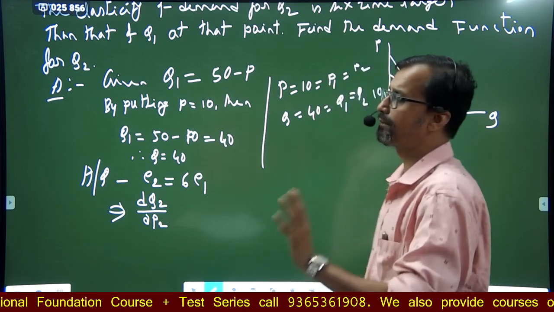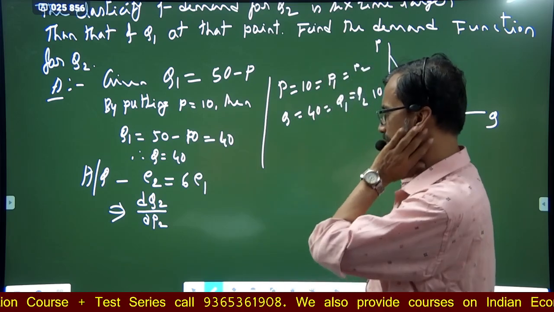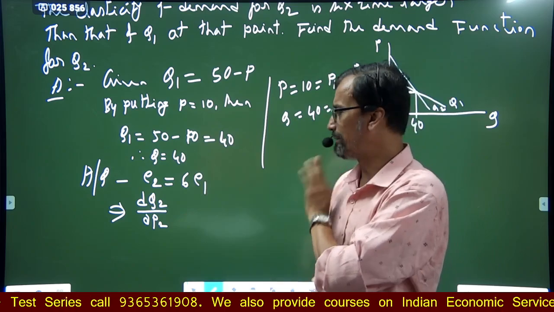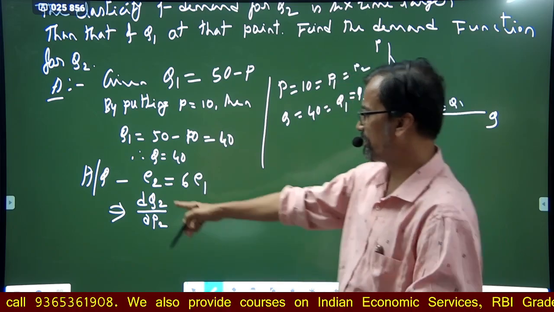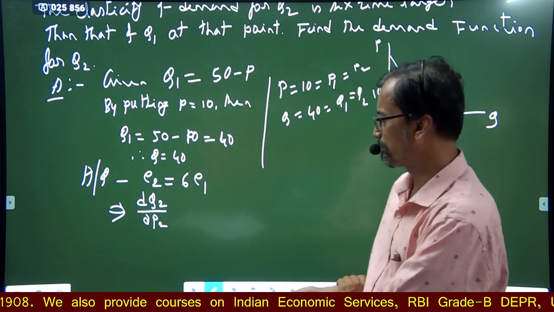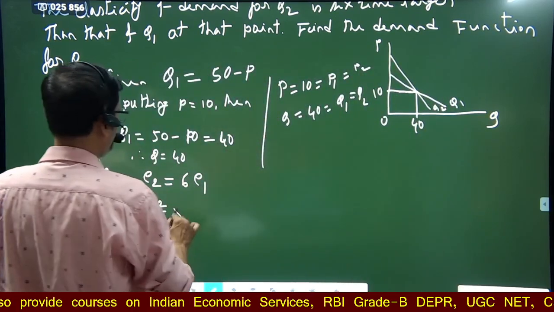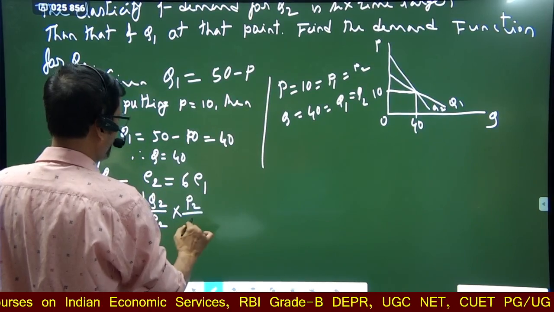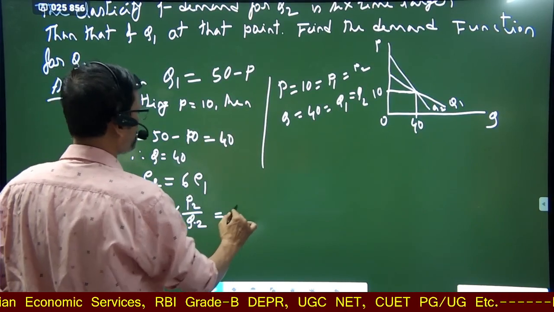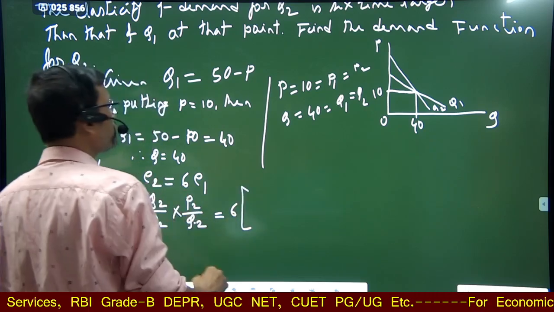In order to find the elasticity, we have to find the slope of the demand curve. So that is the differentiation of Q2 with respect to P2, times P2 by Q2, which equals 6 times E1.